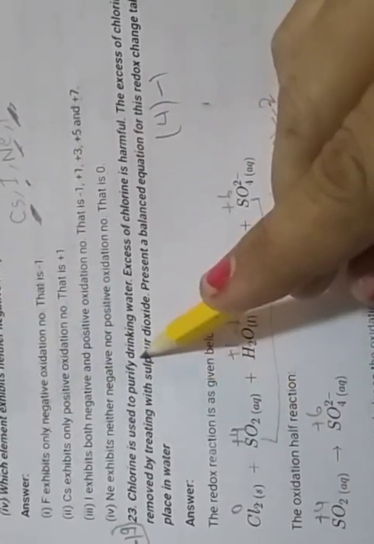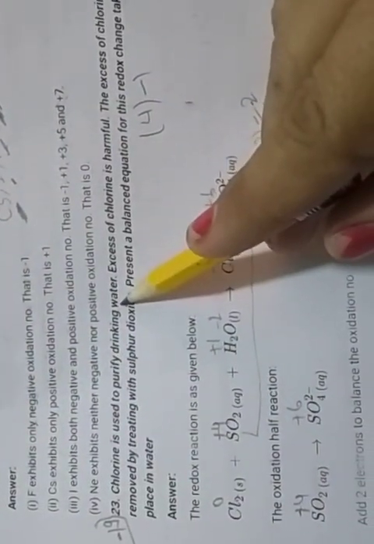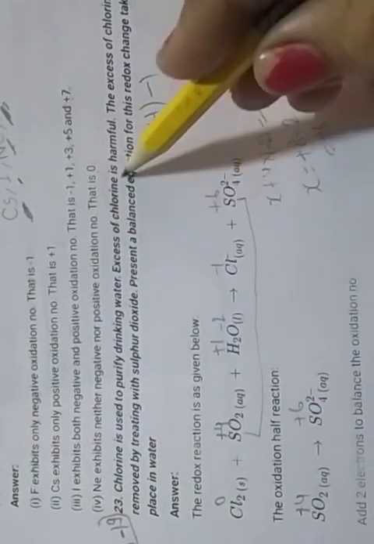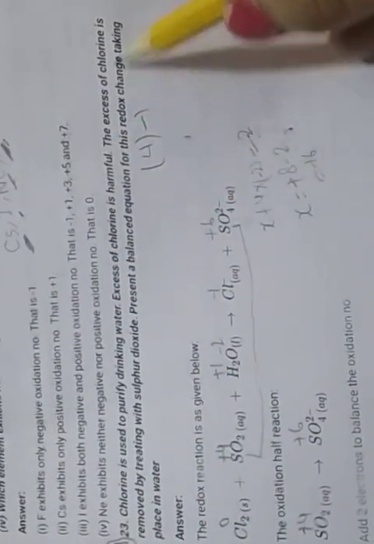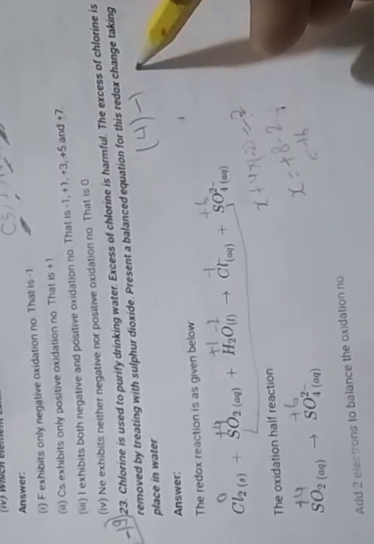Then next question: chlorine is used to purify drinking water, that means Cl2. Excess of chlorine is harmful, so the excess chlorine is removed by treating with sulfur dioxide, that means plus SO2 present in the water. Balance the equation for the redox change.